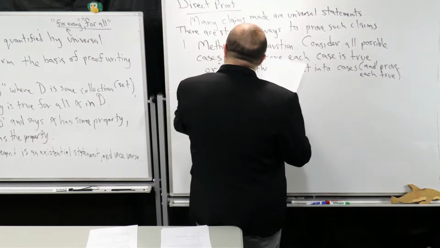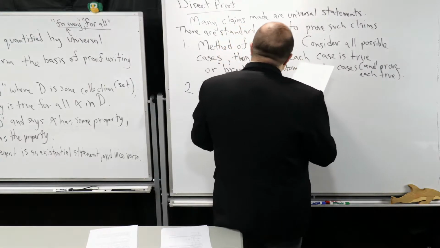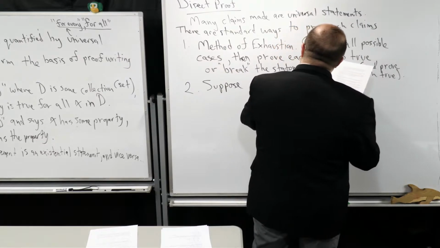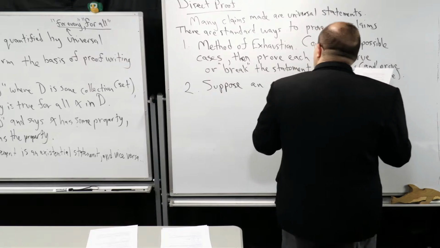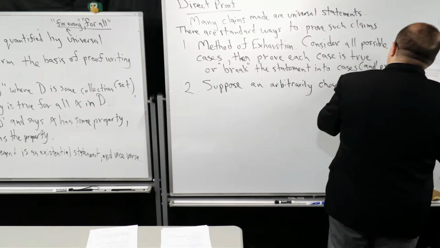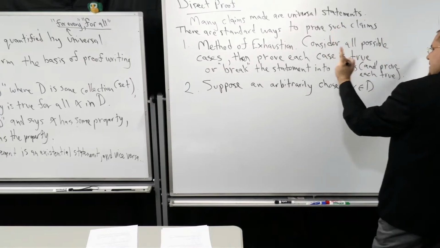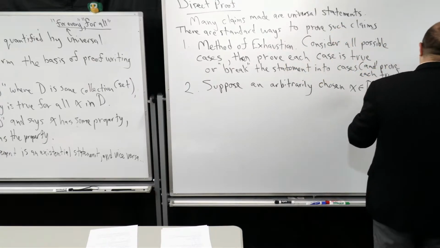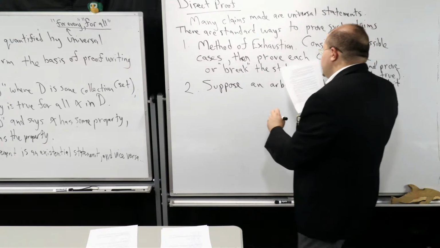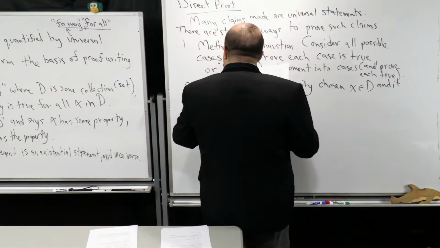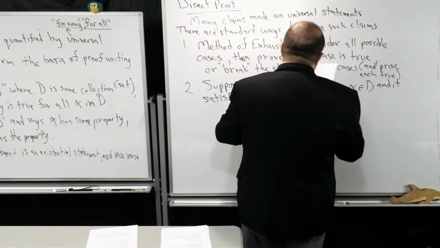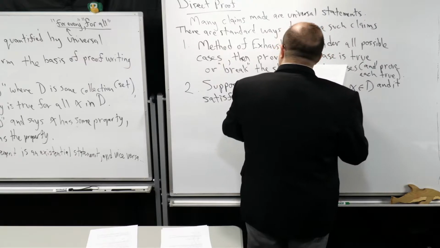The other one, and this is the one that you're going to find very often when we deal with direct proof, is: suppose an arbitrarily chosen X in D, like above, and it satisfies the property.